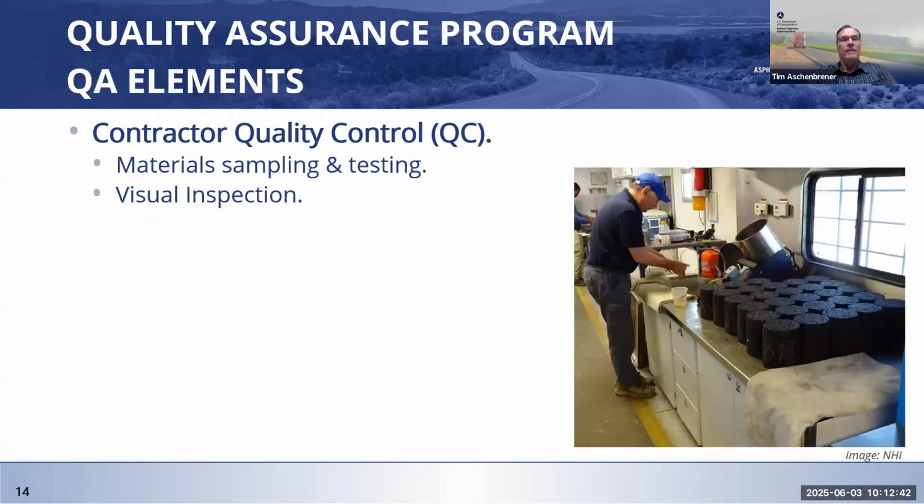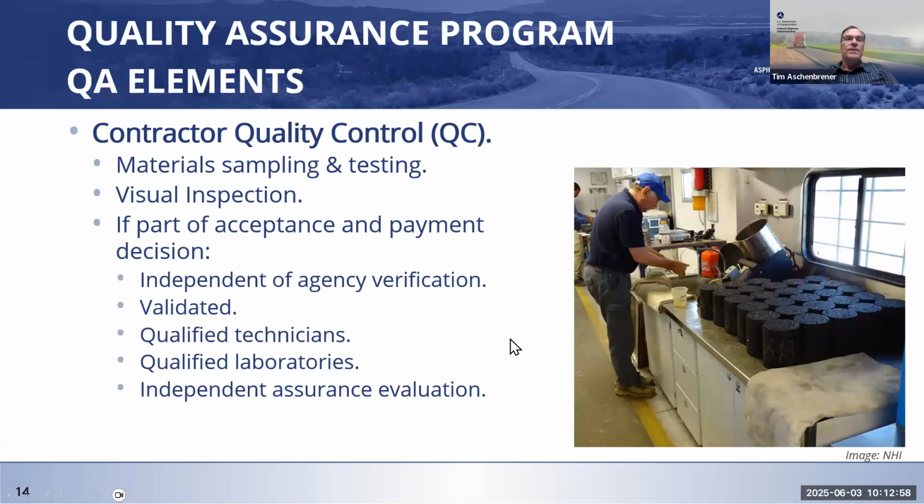Now, in parallel, if you will, to the agency's efforts, the contractor also has an effort going on with quality control. They'll have their own materials sampling and testing frequency schedule. They'll do their own visual inspection. Now, in some areas, not everywhere, but in some areas, contractors' quality control tests can be part of the payment decision.